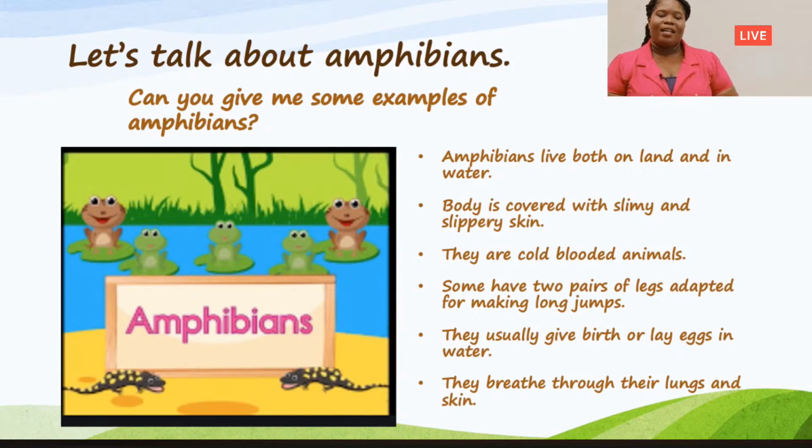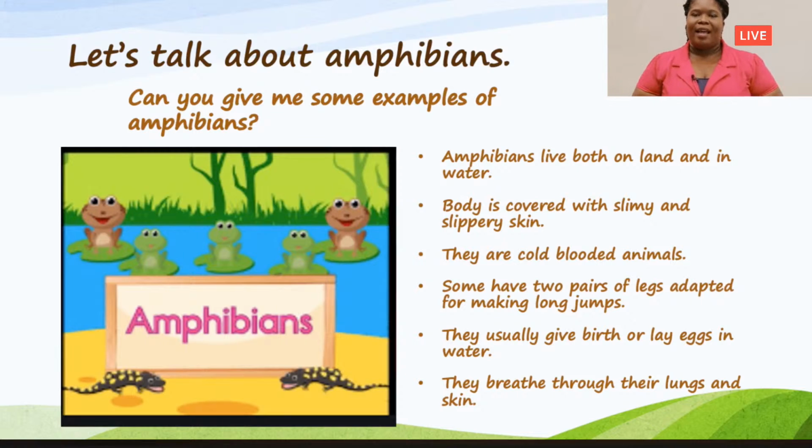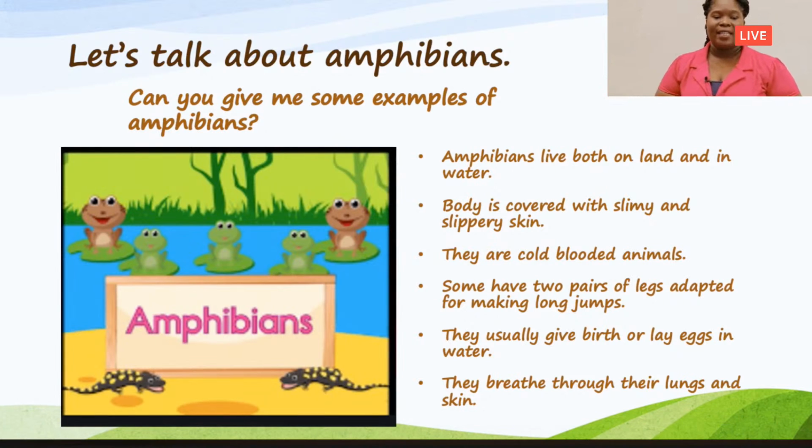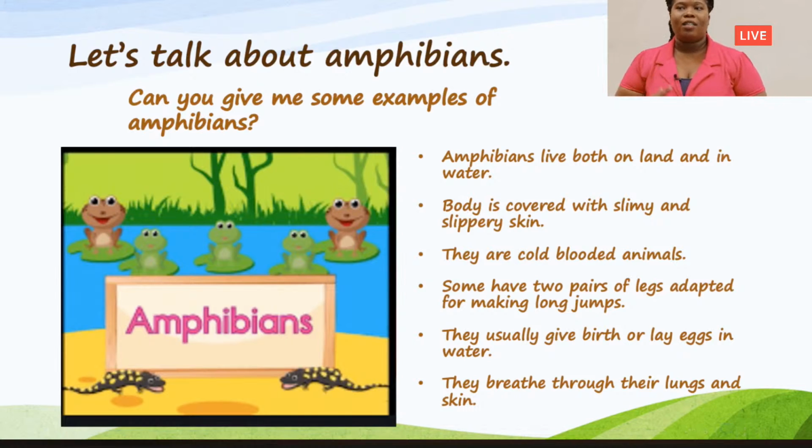Now, their body is covered with slimy and slippery skin. That means you can't easily reach out and catch them. They can slip away from you. They are cold-blooded animals. Some have 2 pairs of legs that they use for making long jumps.